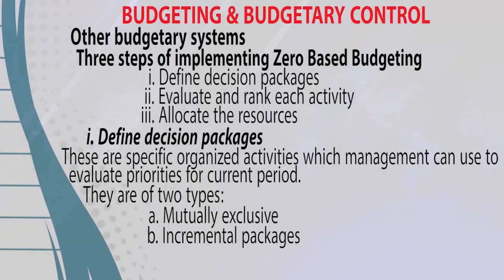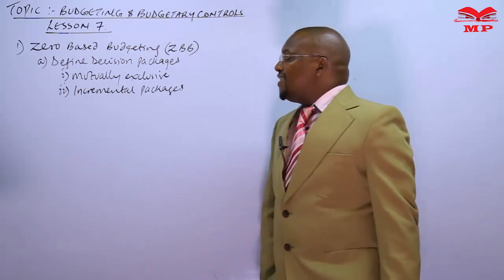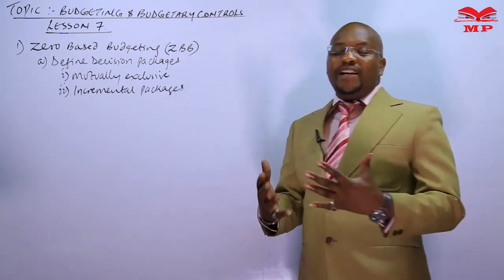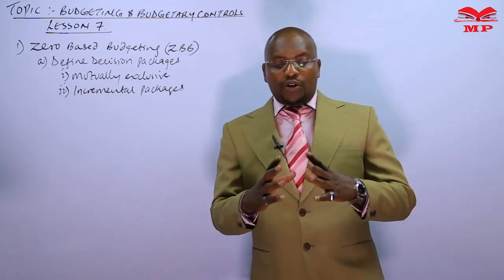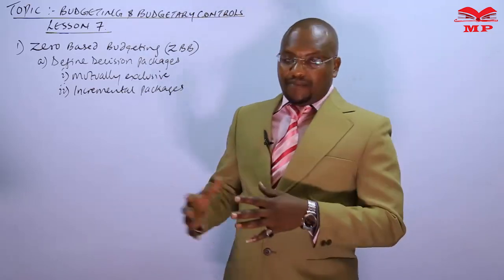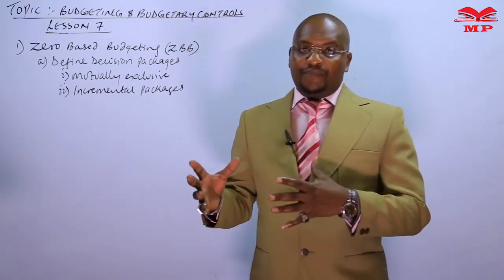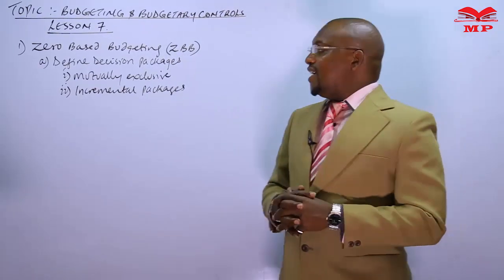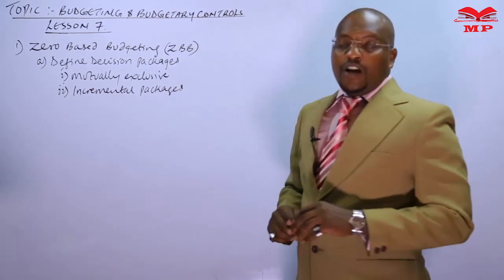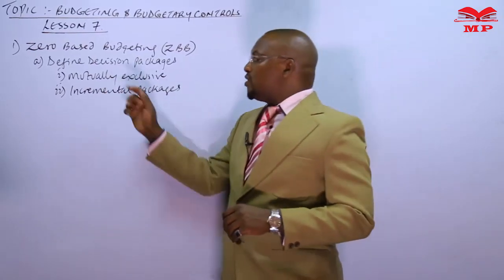Now, first of all, in talk of defining the decision packages, very important, because this is like defining, let's say, how to produce either bread or cakes. Now, the concern is that we may have such decisions which are mutually exclusive.